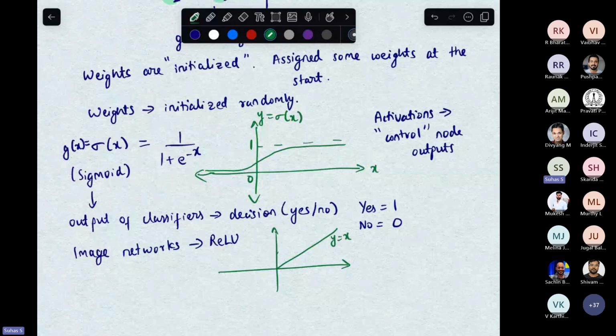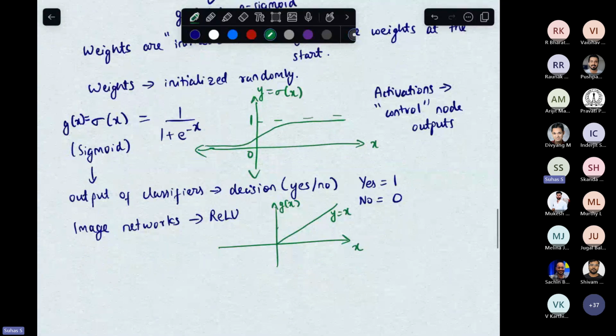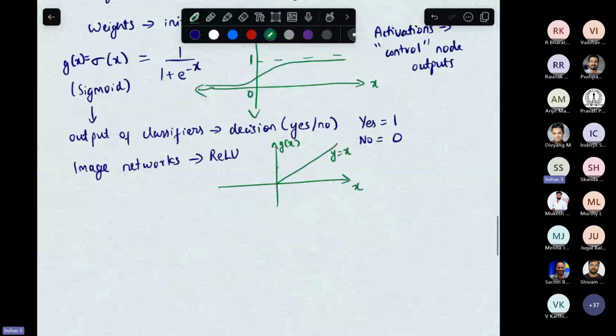So this is the ReLU function, x and g of x. Depending on your application, you will decide to choose different activation functions. Hope that's clear. Yeah, there's another question.